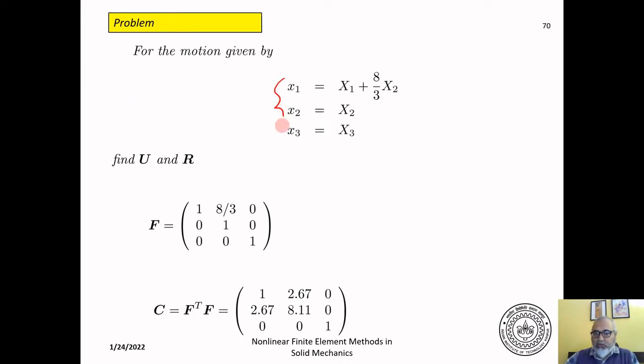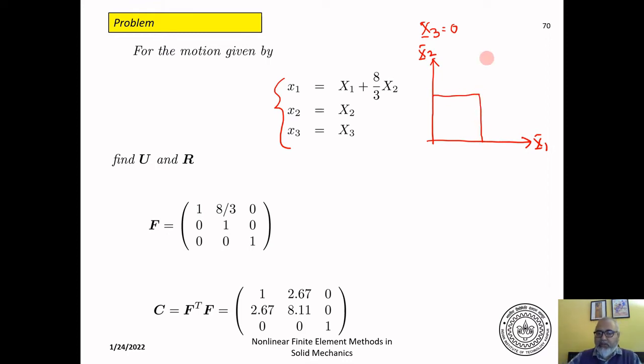So here's a motion, and you can easily see that this is a simple shear. How do we see that? Let's take any plane. Let's take the x3 equal to 0 plane, and this is my x2 and this is my x1. Let us take a small 1 by 1 square, like we always do.